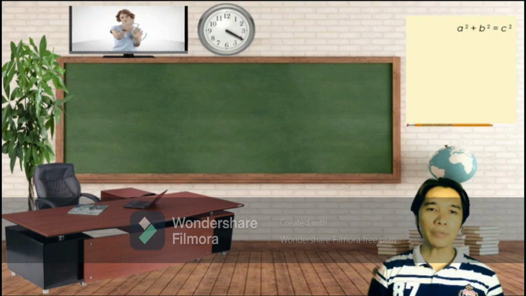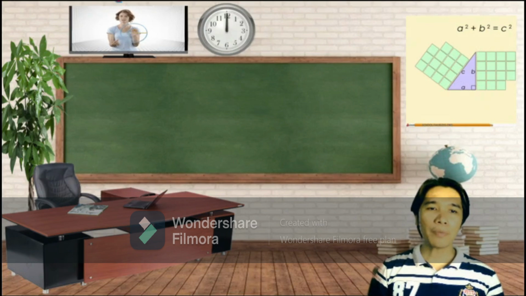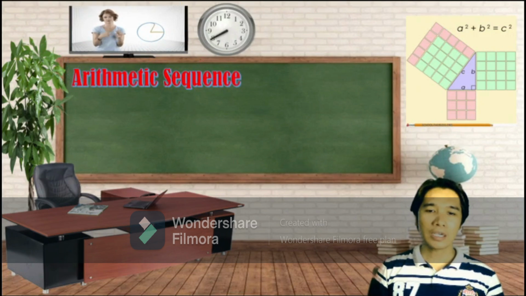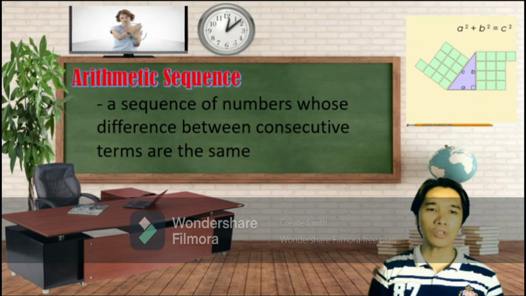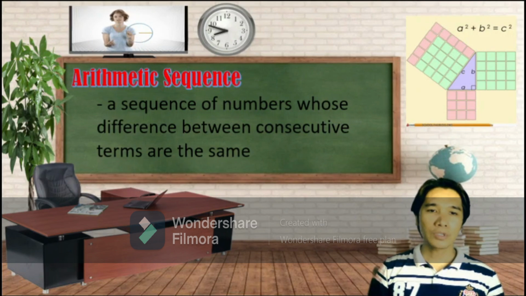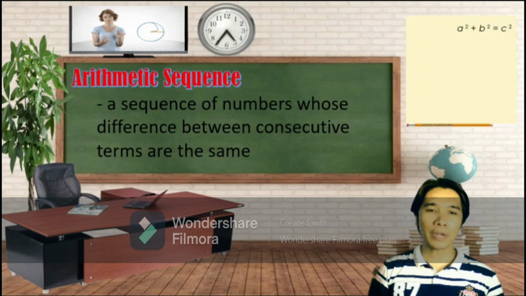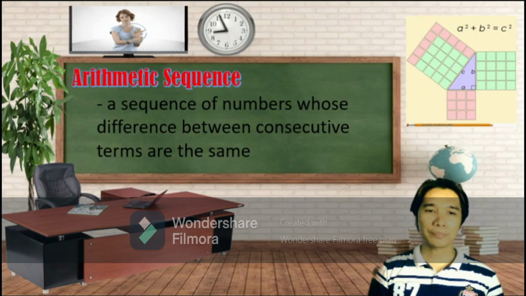In our previous lesson, we defined an arithmetic sequence as a sequence of numbers whose difference between two consecutive terms is the same. So they have a common difference. That is unique to an arithmetic sequence.